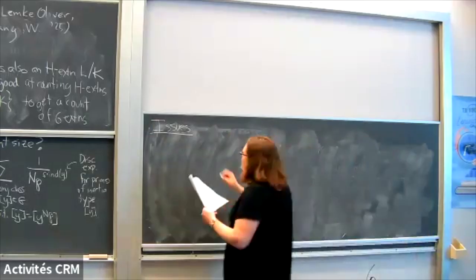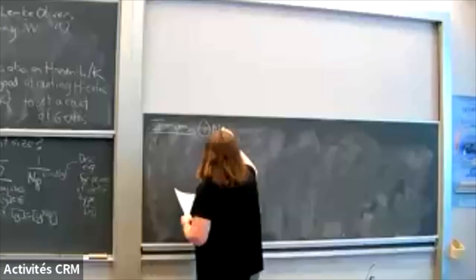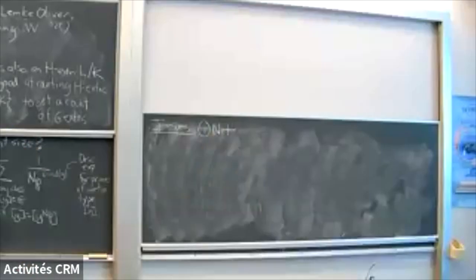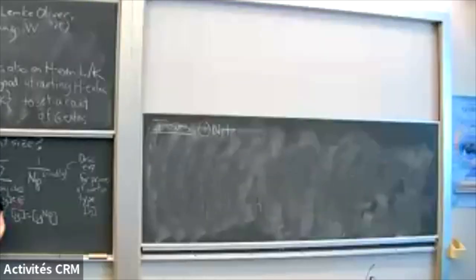The first one is that if you fix some big K that might appear in such a diagram, and you look at all the H extensions, they're not all going to fit in a diagram like this. They might not be G extensions of the base field.